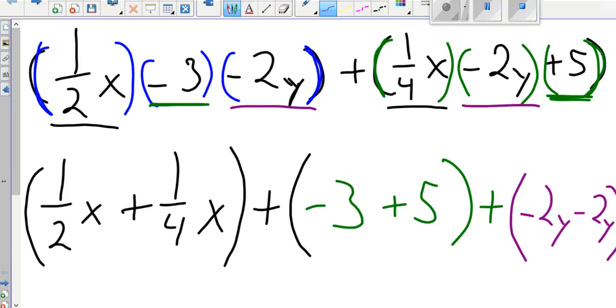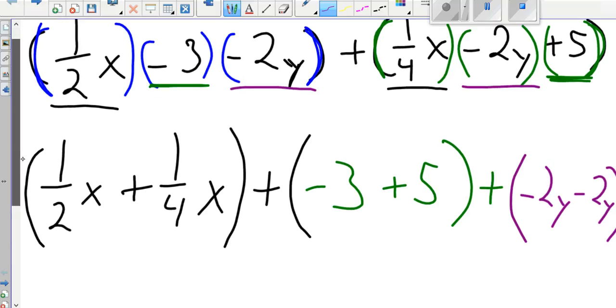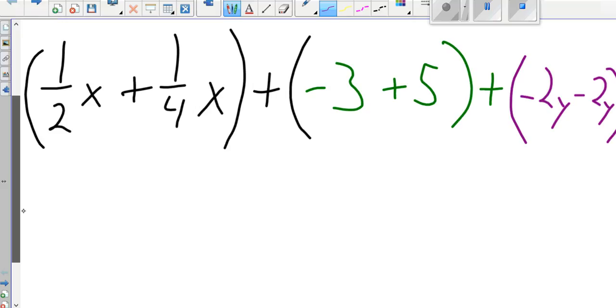Now that we've done that phase, we can start to evaluate this expression and simplify these things. We're going to use basically distributive property principles and start factoring things out. We know that this half and this fourth are going to combine. So we're going to add those two together, and we're going to be left with an x in front of them. So 1/2 plus 1/4.